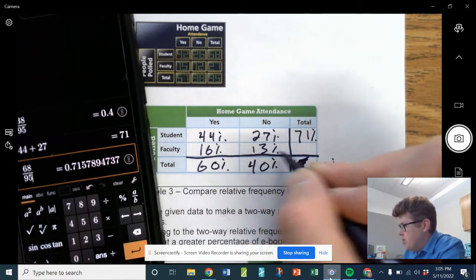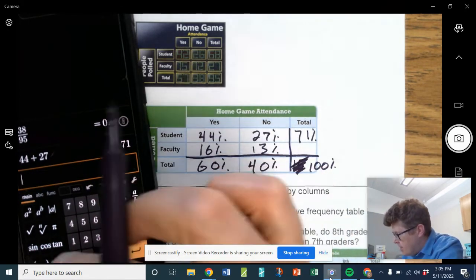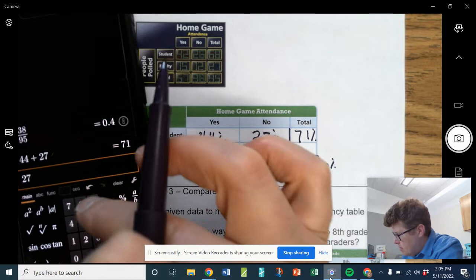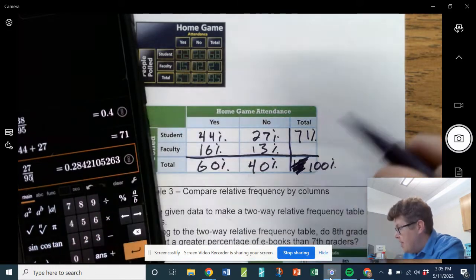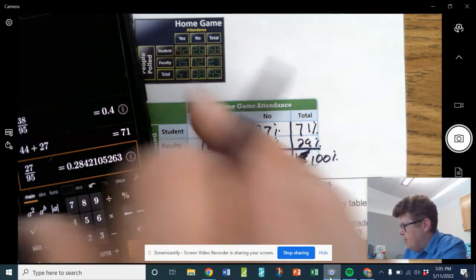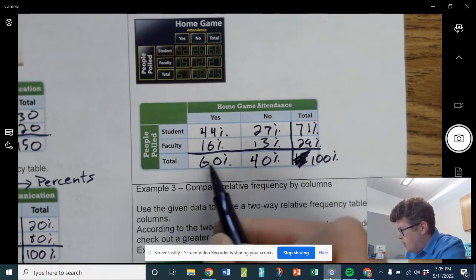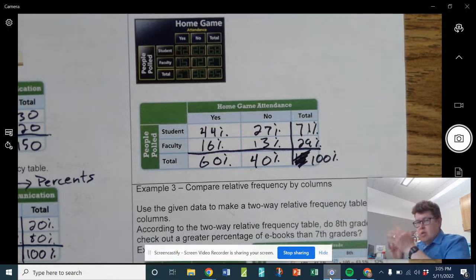At 16 plus 13, we should expect to get 29% here, but we'll take 27 and divide by 95. And we end up getting 28% because we rounded on that last one, but we'll just keep it at 29%, right? And then we add, that gets us to 100. We add that way, that gets us to 100. So our relative two-way frequency table is filled out.